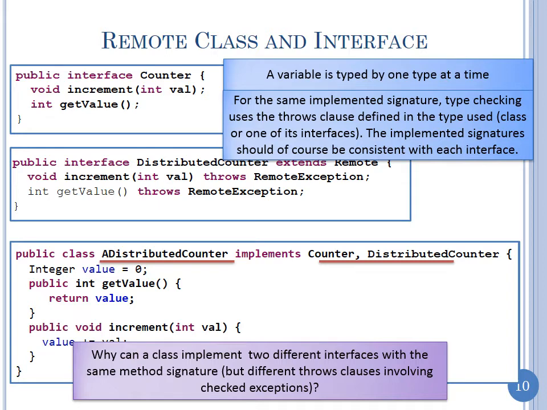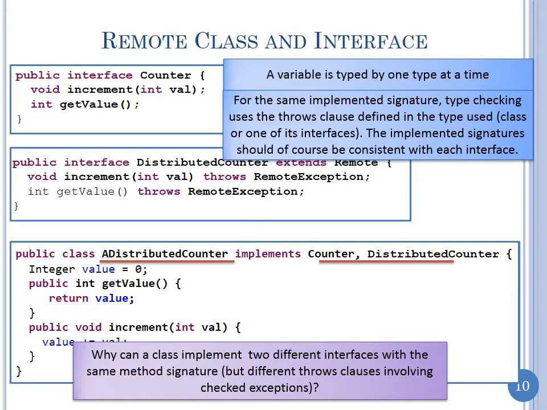So if you type something as counter, it doesn't look for a catch. It says, oh, there's no remote exception. If you type it using distributed counter, then it looks for a remote exception. So there's no ambiguity as to whether it should look for a catch or not, based on how you typed it.